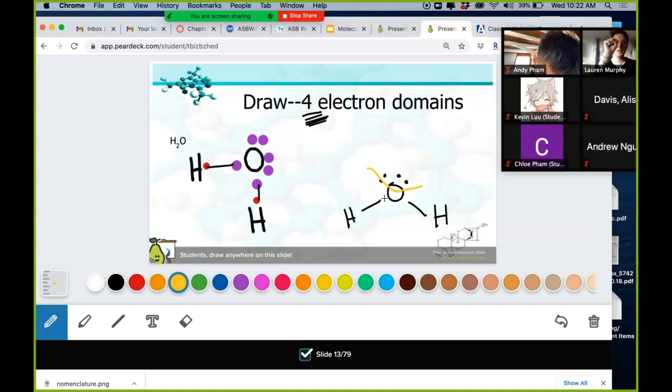If you look at my hand again, we have oxygen right here in the middle. There's going to be a lone pair over on this side of the oxygen, and then also on the back of the oxygen. And then your two hydrogens will come out in line with the oxygen. So the lone pairs aren't really shoved right next to each other. They're in the front of the molecule and then in the back of the molecule.